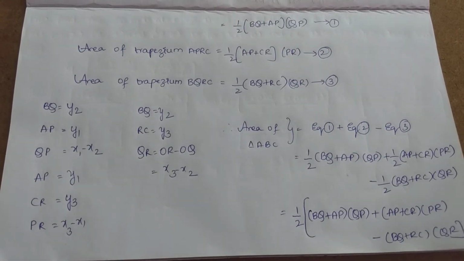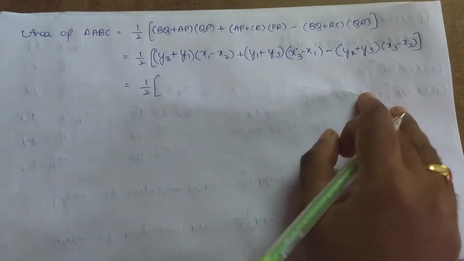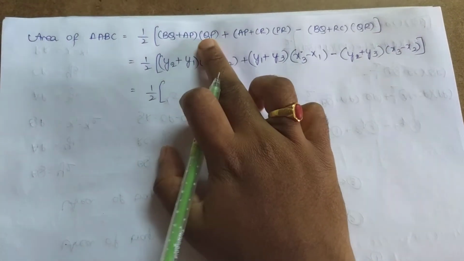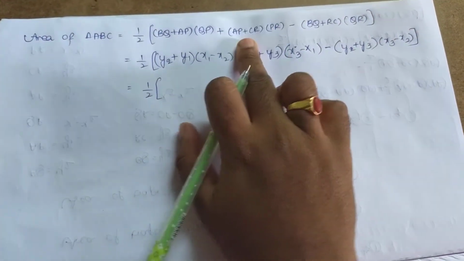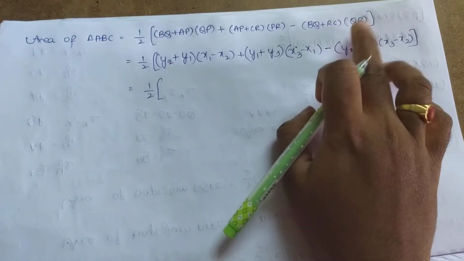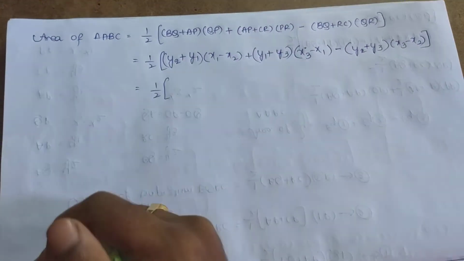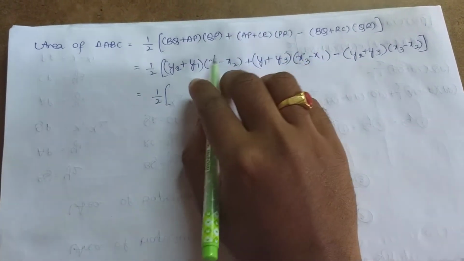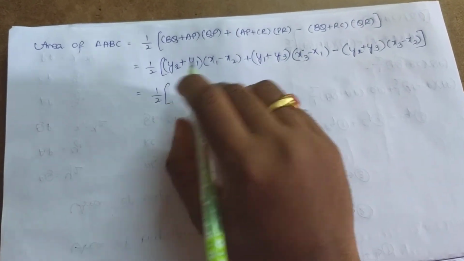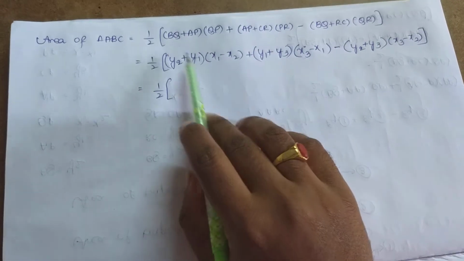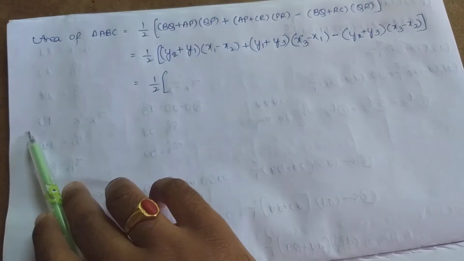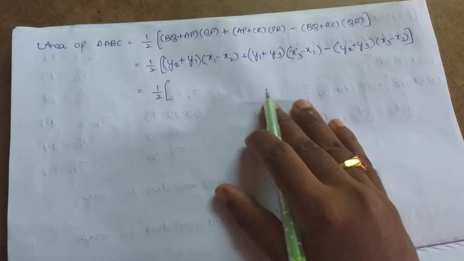Let me continue this in the next page. Yes. So here I have written the values we derived in the previous page, like the BQ value we have put as y2. I have just substituted the values we derived into this formula.